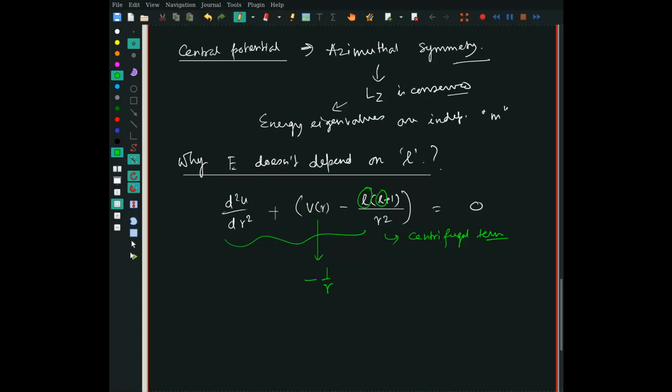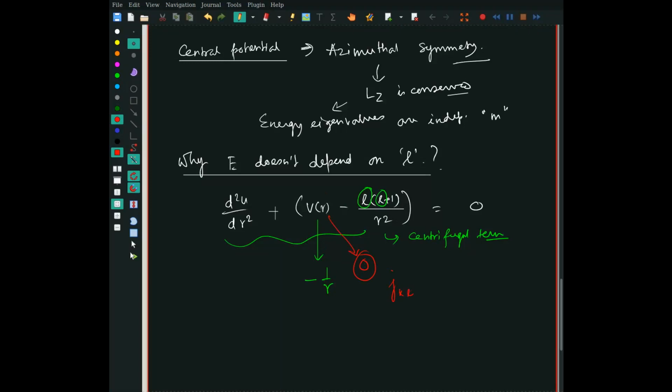If you have solved this equation for the free particle, so V(r) equals 0, you will find the Bessel's equation, the spherical Bessel's equation, and it depends on k and l, where k is essentially the energy.